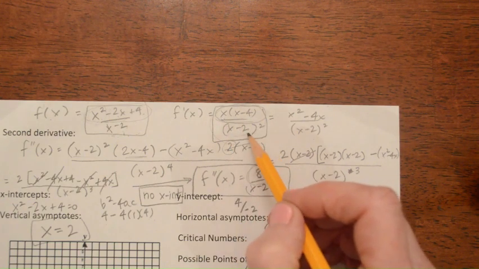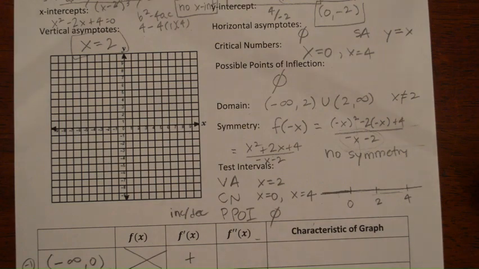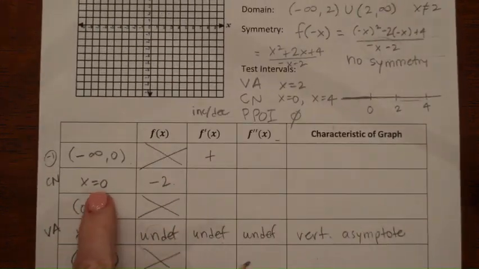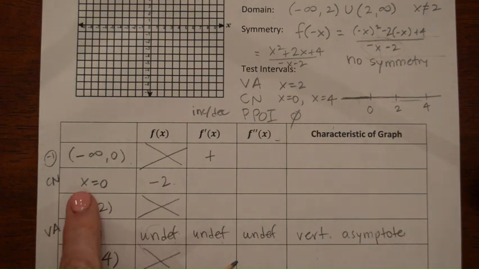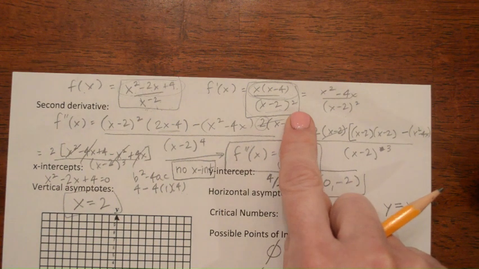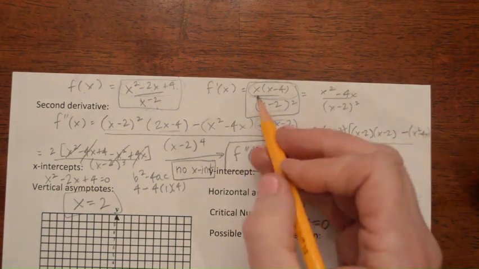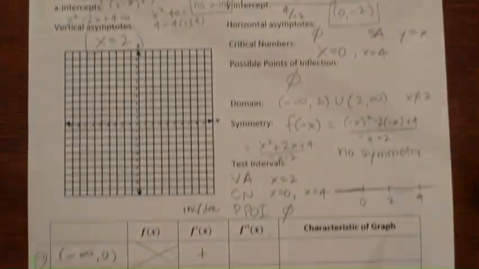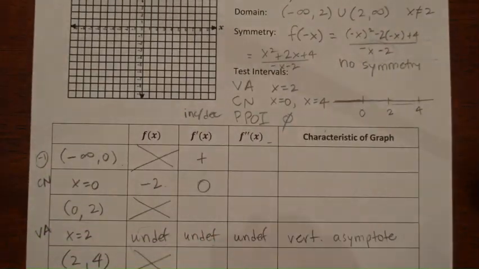So positive up top, positive down the bottom, so this should be positive. At x equals 0, this is a critical number, so we should get that the derivative was 0, because that's how we got that number. If I put in 0 here, 0 times negative 4 is 0, so it doesn't matter what's going on in the bottom. We get 0 here.